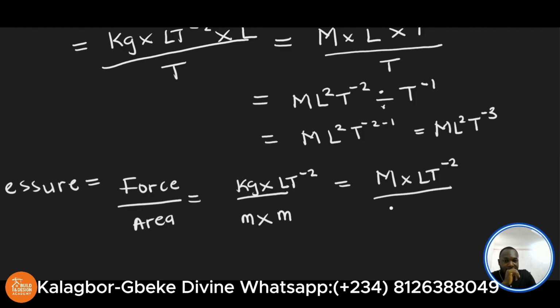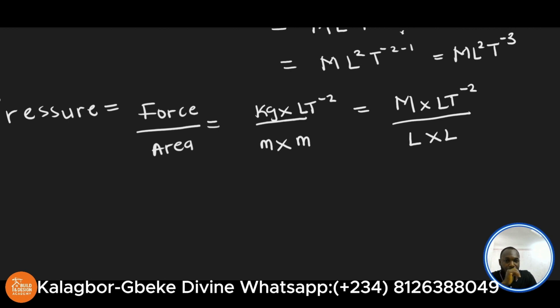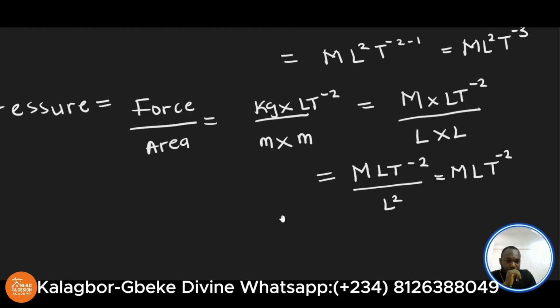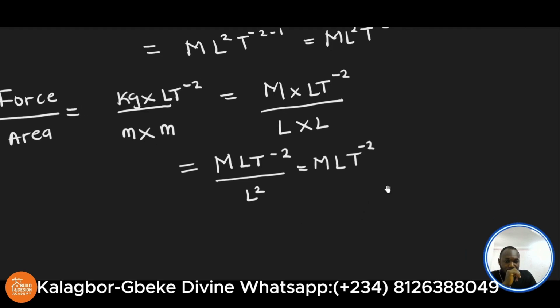I know that meters is represented as L times L. So we'll have M LT raised to the power minus 2 over L square, which is the same thing as M LT raised to the power minus 2 divided by L raised to the power minus 2.